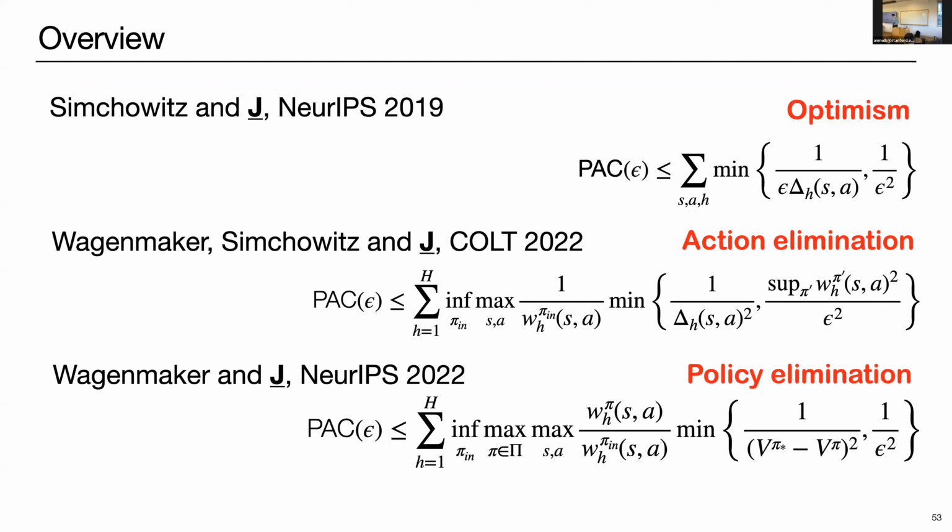Exactly right. Intuitively, you really shouldn't have to go to states in which the optimal policy will never go, or you don't need to actually learn about those states at least. Maybe you need to go there to access other states, but you don't need to learn what the optimal action is in that state. And really, this comes from the fact that we don't know.